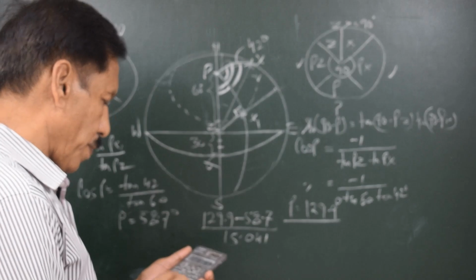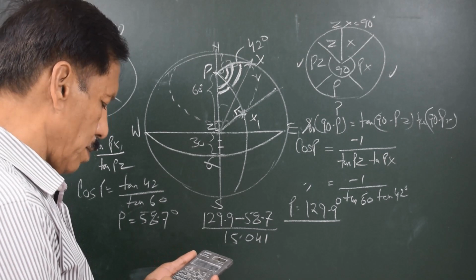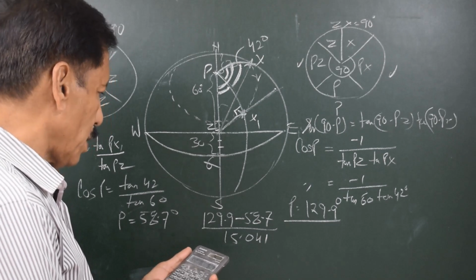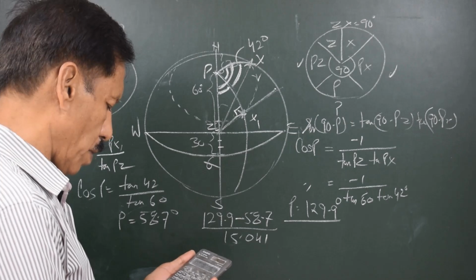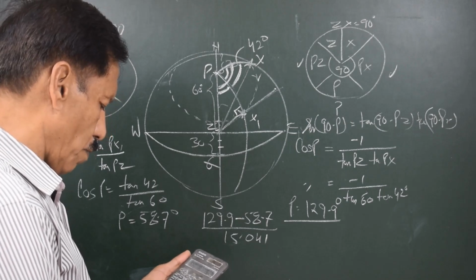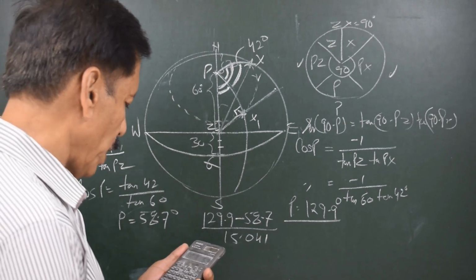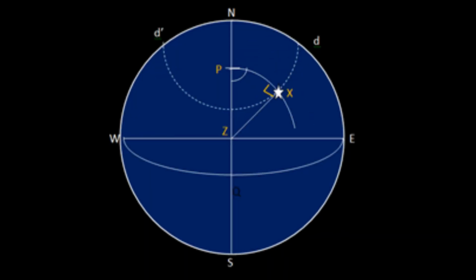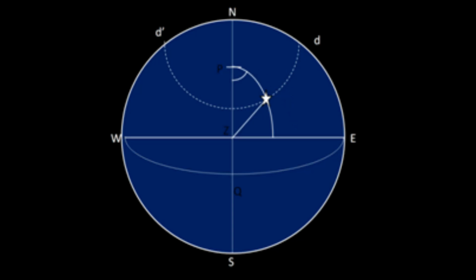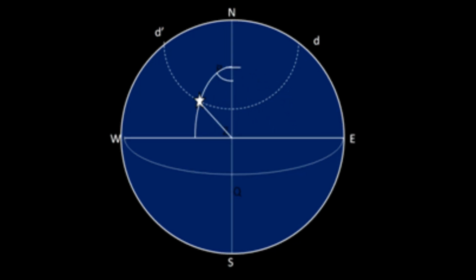So let's see, 129.9 minus 58.7 divided by 15.041 gives me 4 hours 44 minutes, and you can say 1.4 seconds. This is the time that the star would take from here till the maximum azimuth.